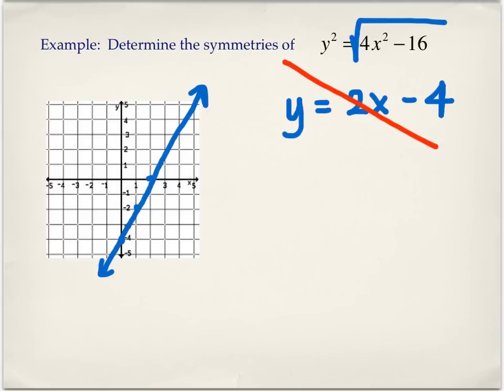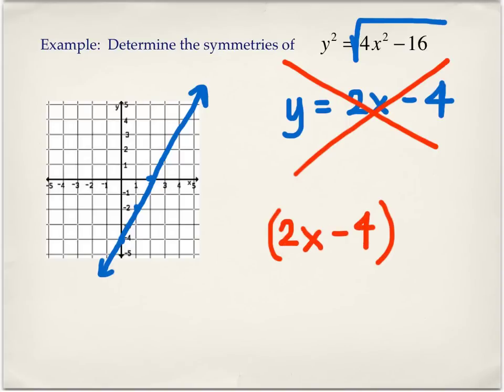This is not the square root of 4x squared minus 16. And the reason it isn't is because if you squared 2x minus 4, you would not get that to be equal to 4x squared minus 16. Remember our FOIL method when we square binomials.